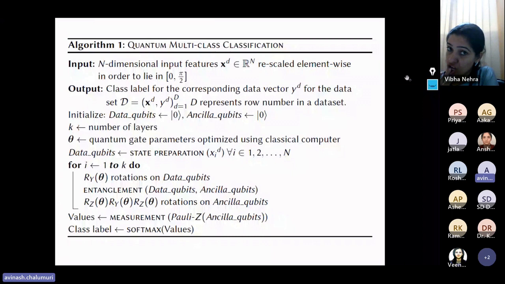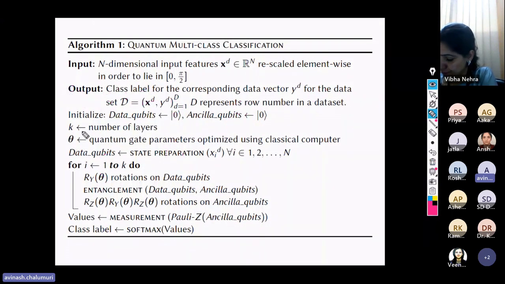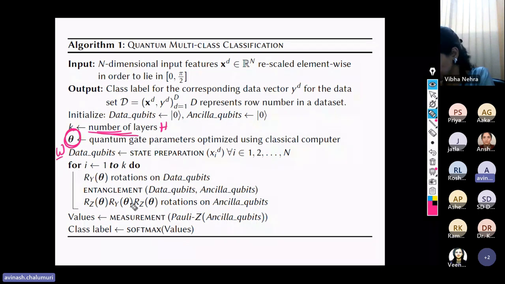This is the algorithm behind it. It looks simply like a machine learning algorithm. There will be k number of layers, which you can consider as hidden layers. There will be theta, the parameters or weights, and what we are trying to do is modify these thetas in such a way that you get the desired result.